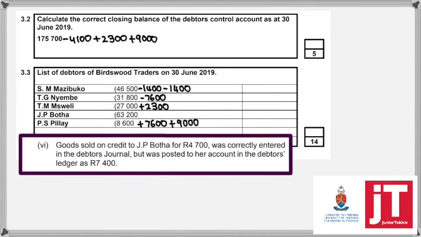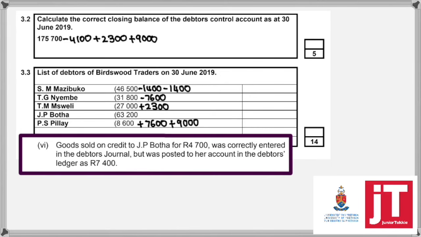Looking at our last transactions, goods sold on credit to Botha for 4,700 was correctly entered in the debtors journal, but was posted to her account in the debtors ledger as 7,400. So number one, we need to identify where do we need to correct this. We have posted it correctly in the debtors journal, but where did we make the mistake?